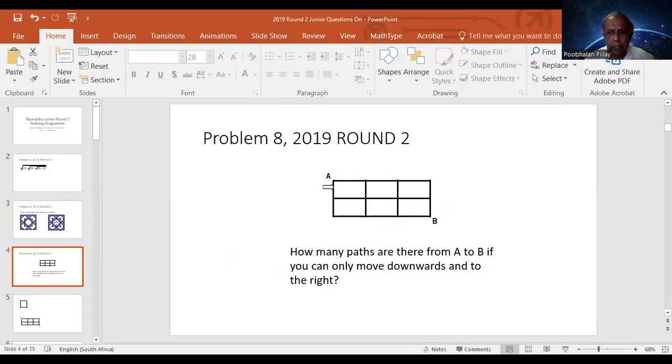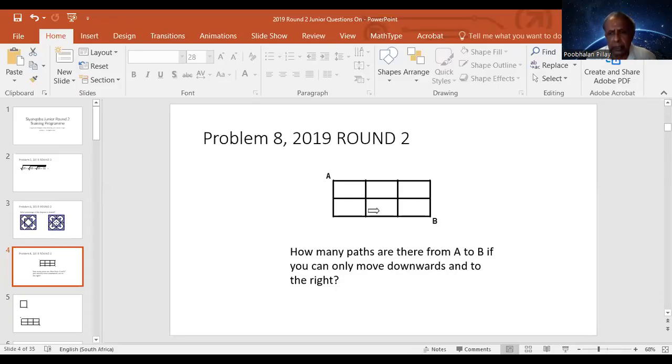In other words, you're allowed to move downwards and to the right, like that. So there are many paths. You can come down here, downwards, to the right, downwards. You're not allowed to go up, right? You're only allowed to go downwards and to the right.